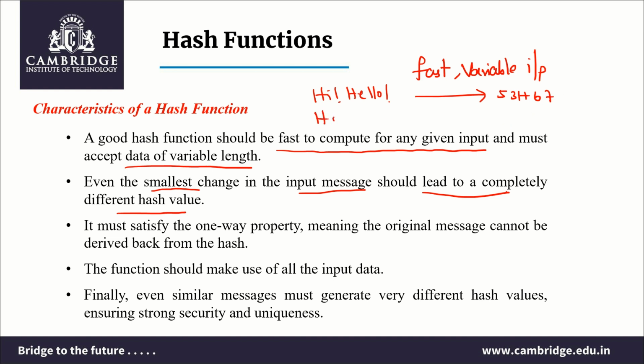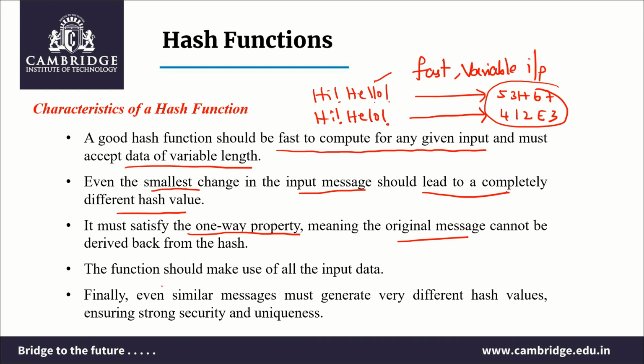Now if I change this message to hi, helo, the hash would be 412e3. What is the change? One L is missing, that's all. Only one character is missing, but you can see that the entire hash value has changed. That is another characteristic. It must also satisfy the one-way property, meaning it should be difficult to obtain the original message, as we just saw.